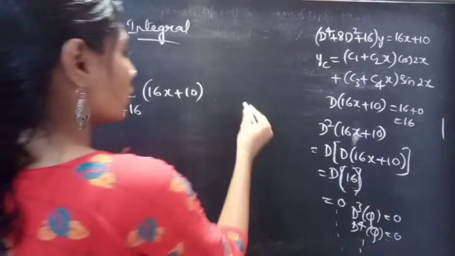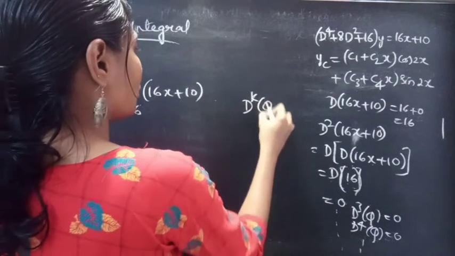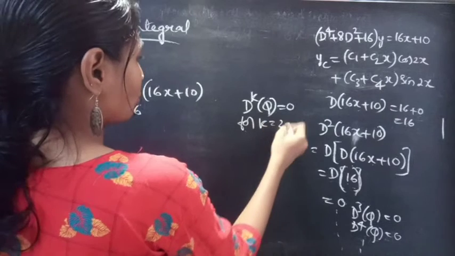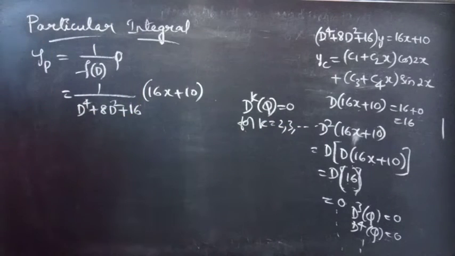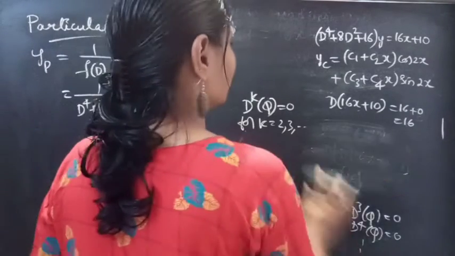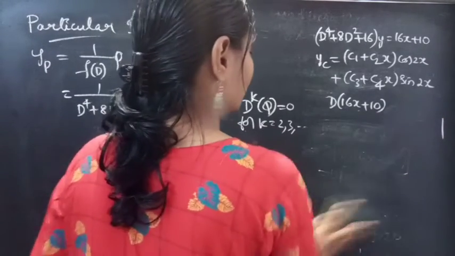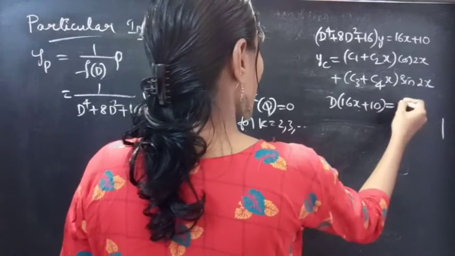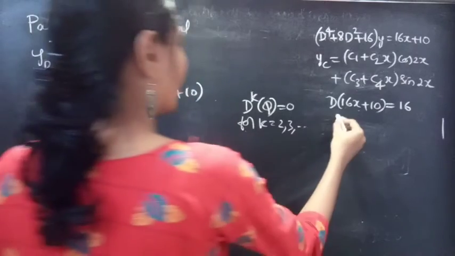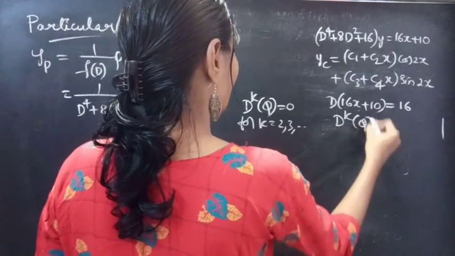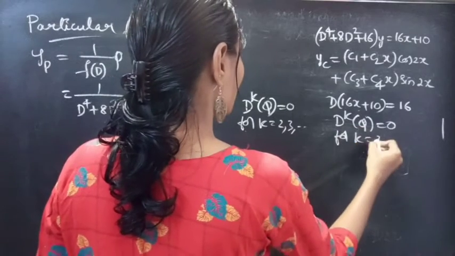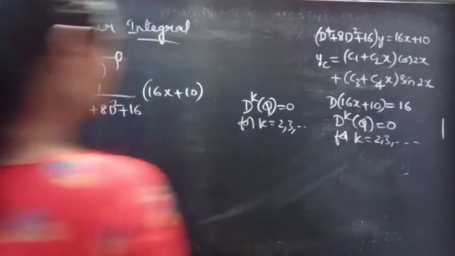In general, I'll write it as d power k of q equals 0 for k equals 2, 3, and so on. We have only the first derivative value 16, and d power k of q is 0 for k equals 2, 3, and so on, right?